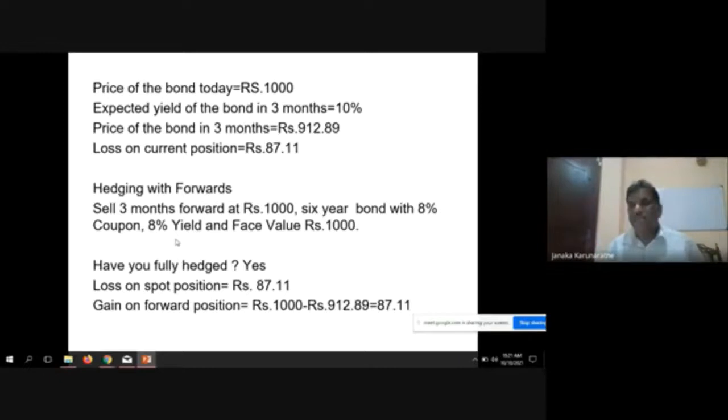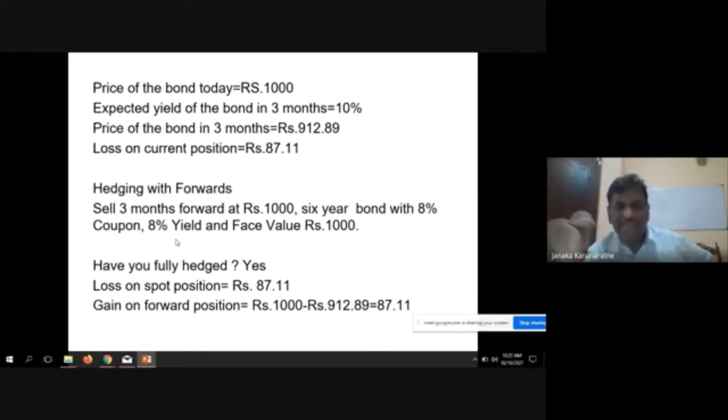So that is the benefit of the forward market. It doesn't end up with either additional gain to you or additional loss to you. It will make certain this is your cash flow. But sometimes you may miss the opportunity also.